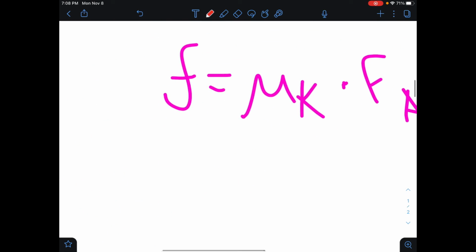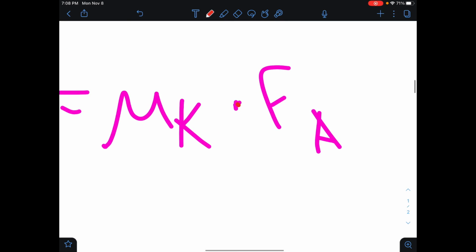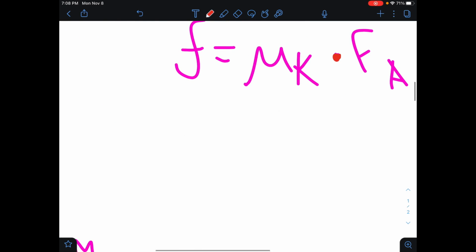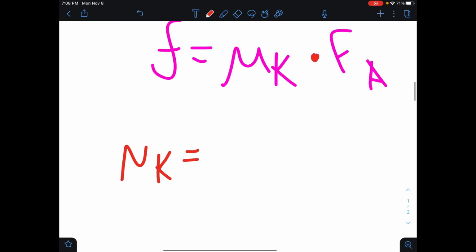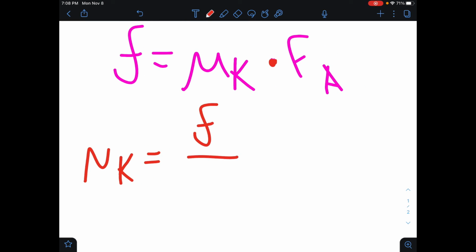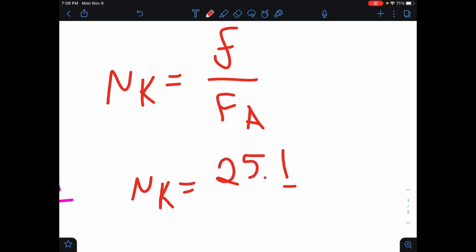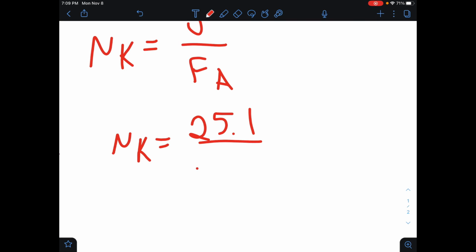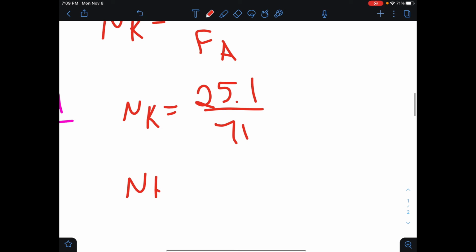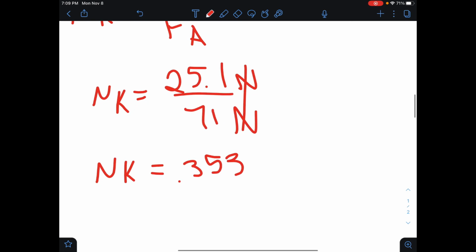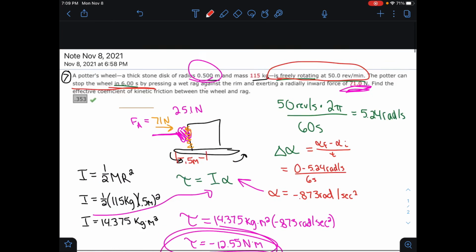That's totally okay. I can actually do this first. So the kinetic coefficient is actually equal to that force over FA. Kinetic is equal to 25. You can drop the negative here because the kinetic coefficient does not have a sign. They're both in newtons, by the way. Let's cross out. Equals 0.353, which is our coefficient of friction. So you can see that's what it is up here.